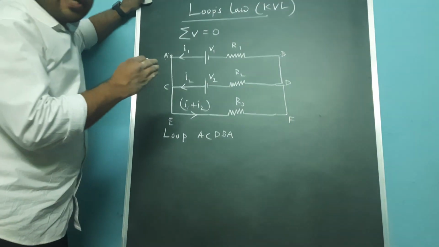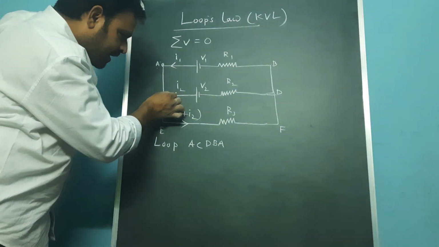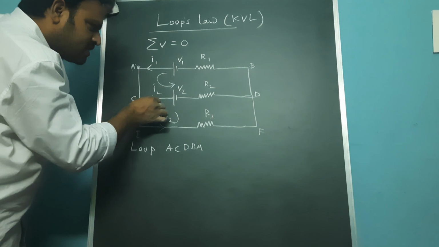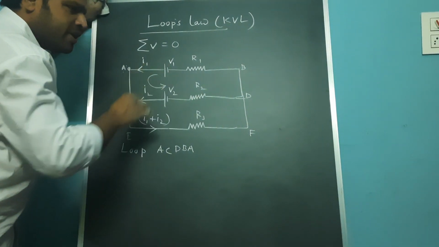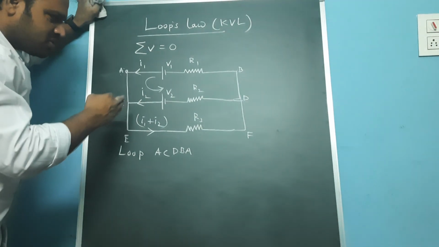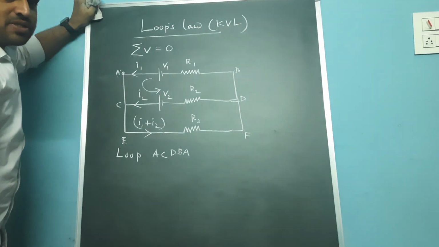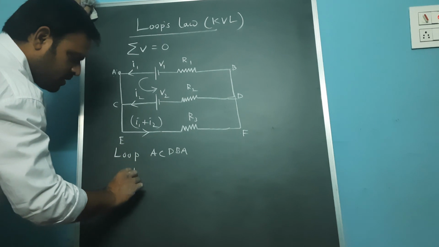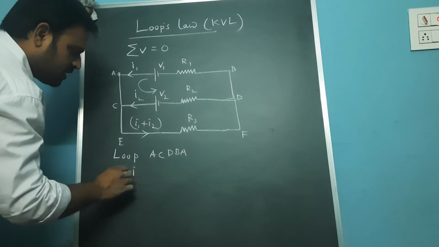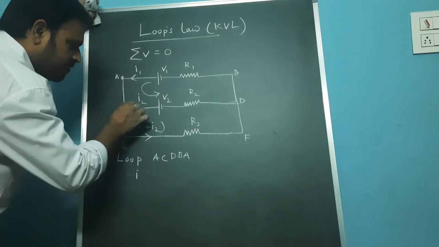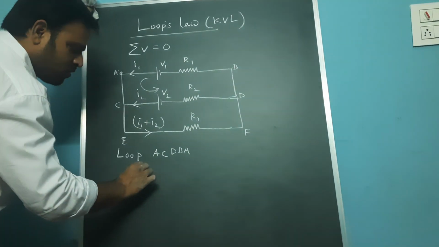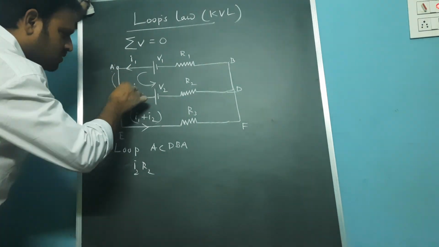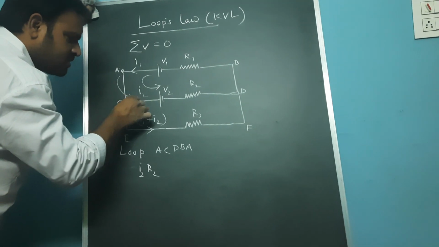Here, while we are taking sign conventions, we are moving like this. If the current is moving along with us, we have to take minus. If the current is opposite to us, we have to take a plus. So, plus I2 R2, because we are moving like this and the current direction is opposite to us.